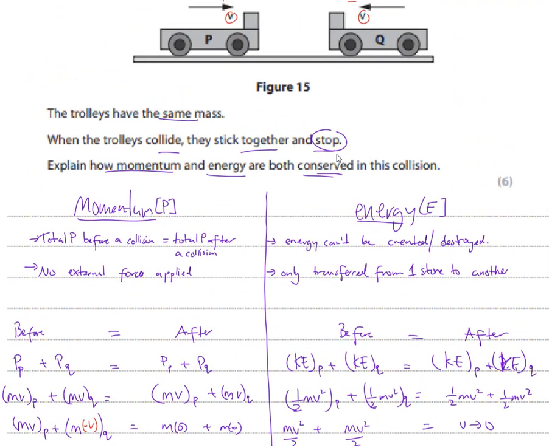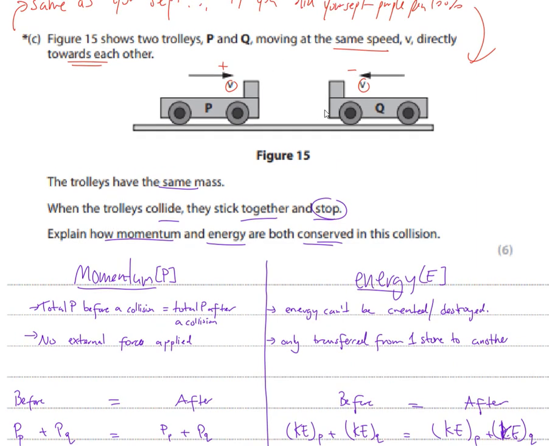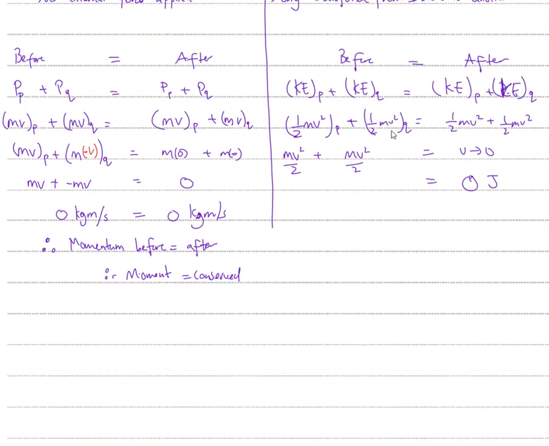Now the objects are going opposite each other, so we need to factor in the negative. So this will be negative there, so this cancels out. This goes to 0 joules.